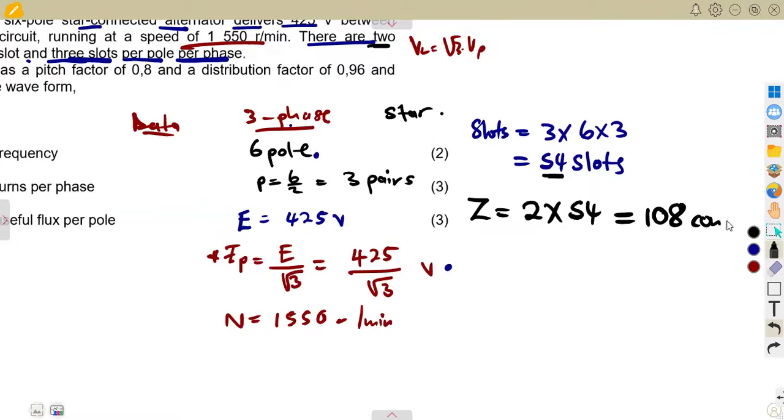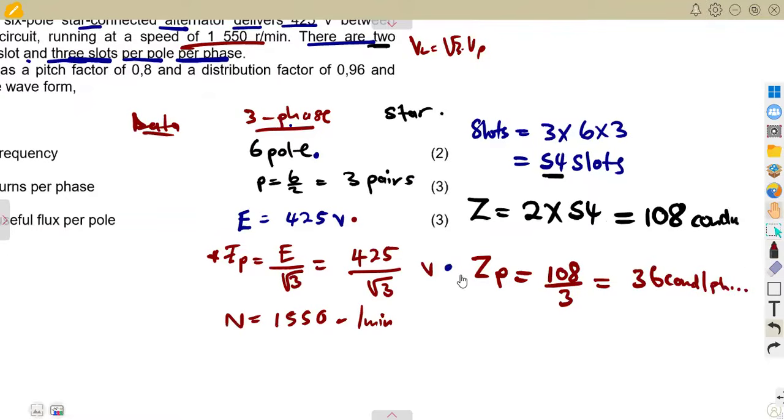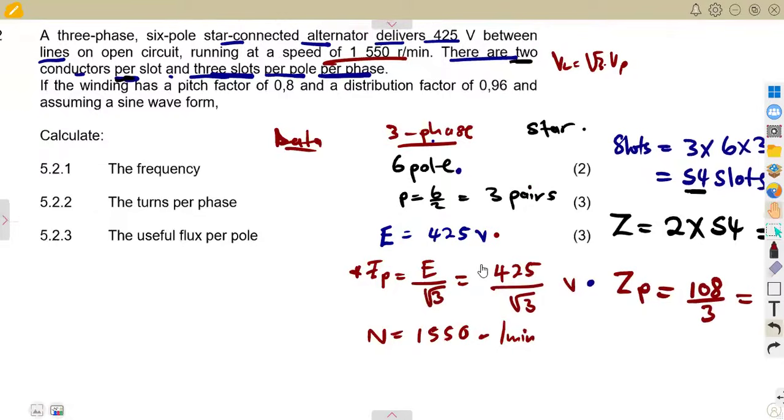But remember what I said: you're going to need ZP, which is the phase value, just like EP for the phase. You're given E, but you need EP. In the formula, you take phase values. So ZP is going to be 108 divided by 3, which is 36 conductors per phase.